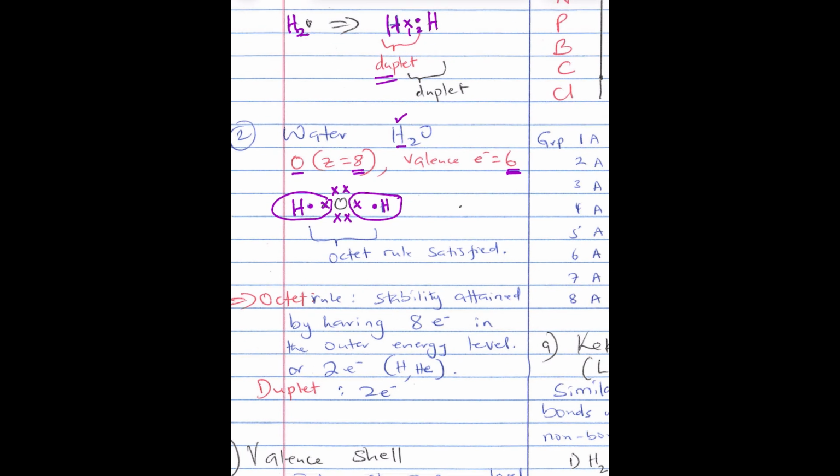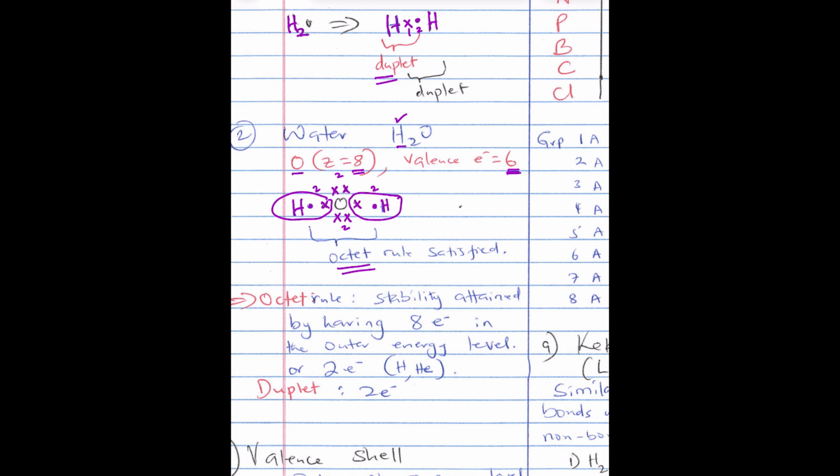But for oxygen, if you count the number of electrons around oxygen, then we have these 2, we have that 2, we have another 2 from that pair and another 2, and that gives you a total of 8, and that results in what we call the octet rule, which states that atoms gain stability by having 8 electrons on the outer energy level.